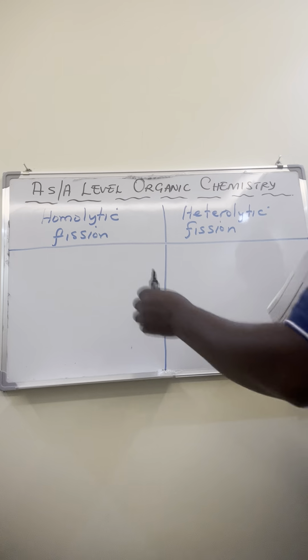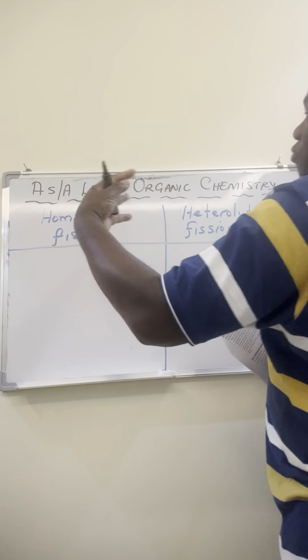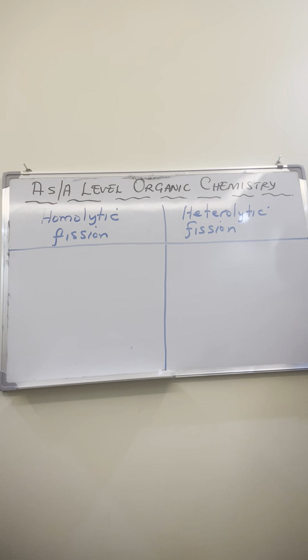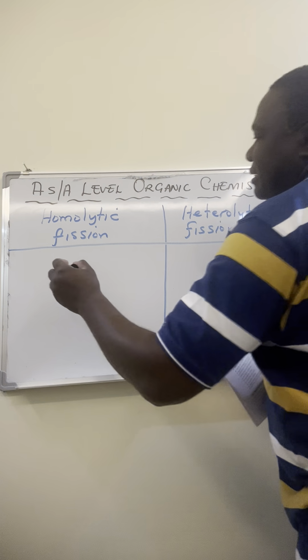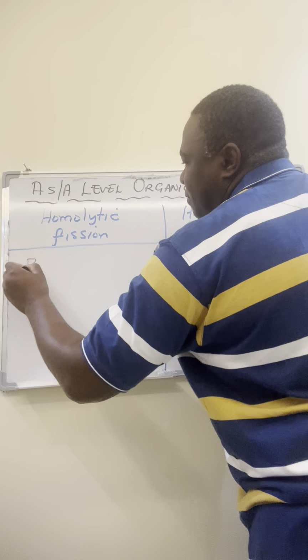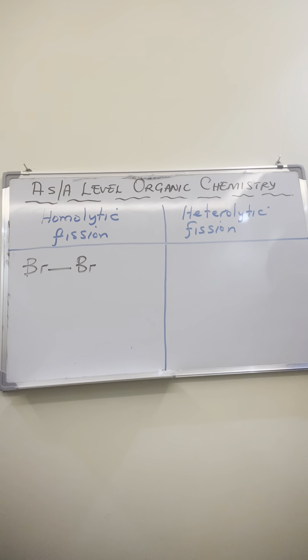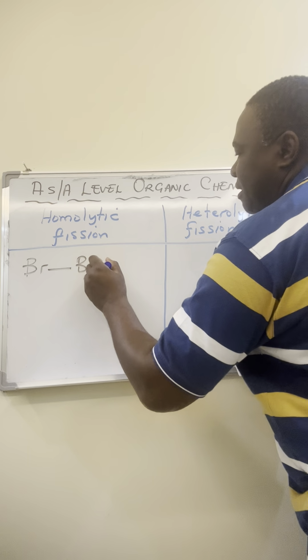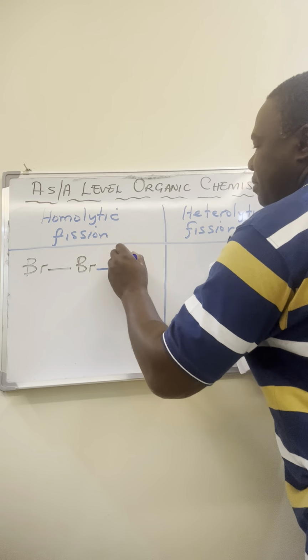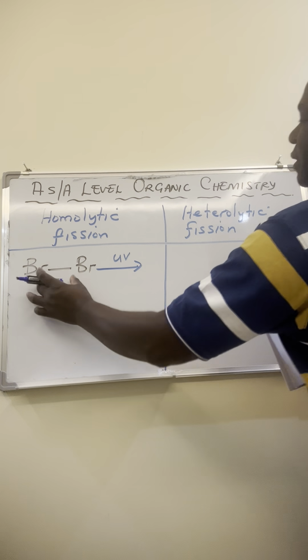The word homo means the same, as in homogeneous mixture. So when you're saying homolytic fission, we are breaking a bond where the atoms that were involved in the formation of that covalent bond are exactly similar. For instance, let's look at bromine, that's a halogen molecule. When we are having free radical substitution, in the presence of UV, this bond can be broken.